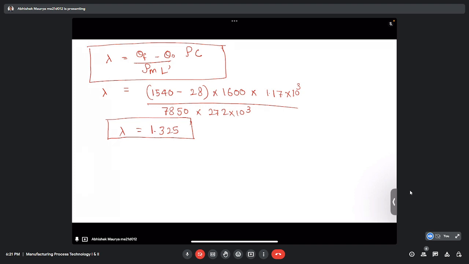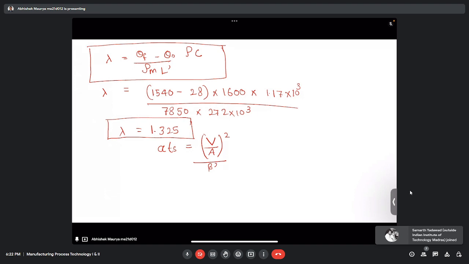We have got a relationship that solidification time is proportional to V by A, the whole square, divided by beta square.